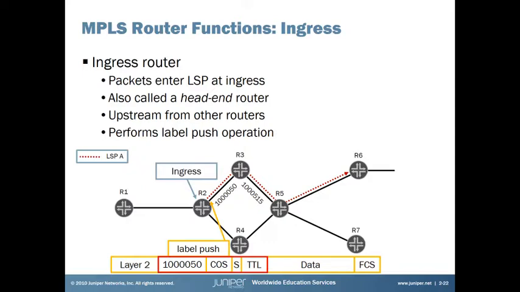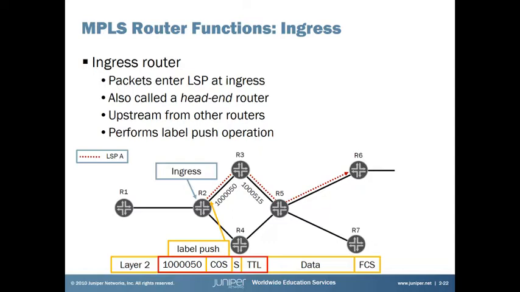Okay, so we have an ingress router. An ingress router is actually quite significant in the scheme of things, because as we go on and start to look at these signaled LSPs, we'll find that all of the signaling setup is done on the ingress router. So it's one of the most important routers in the whole path. Packets enter at the ingress router, and it's upstream from the other routers.